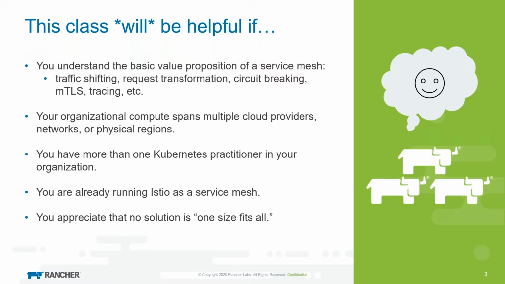The more the merrier, I guess, in this case, because what we're trying to accomplish here is to bring them all together. And the more different perspectives and angles you have, the more configuration you can start to apply to your Istio multi-cluster mesh.